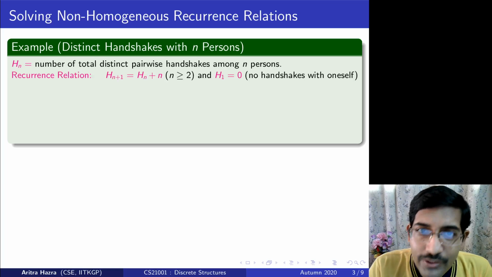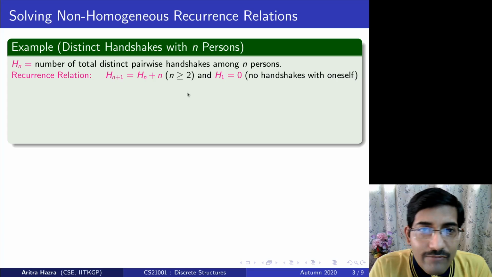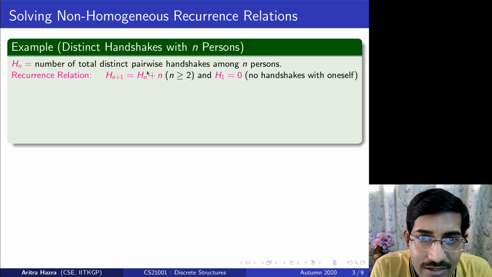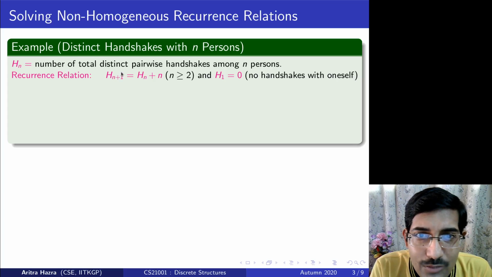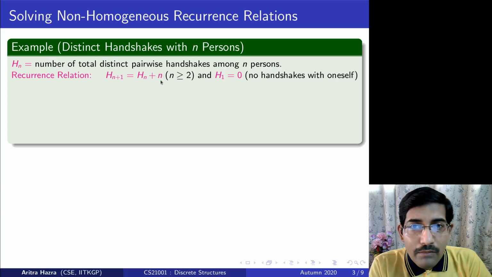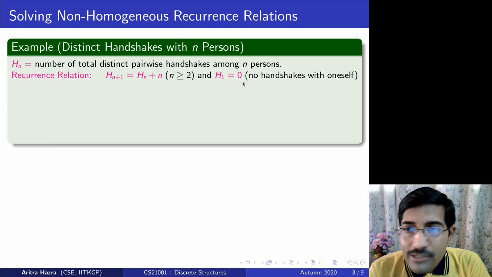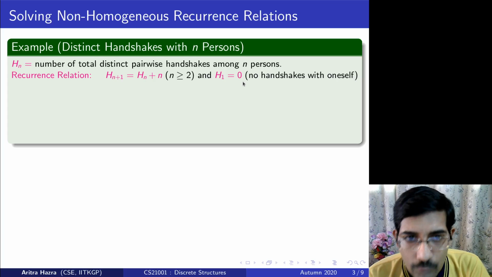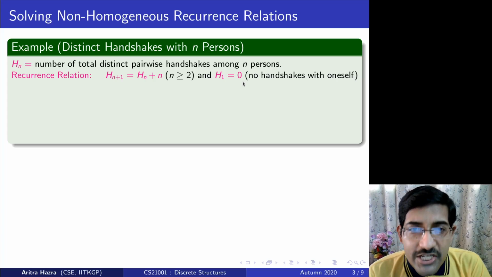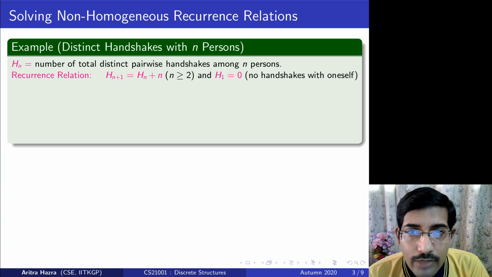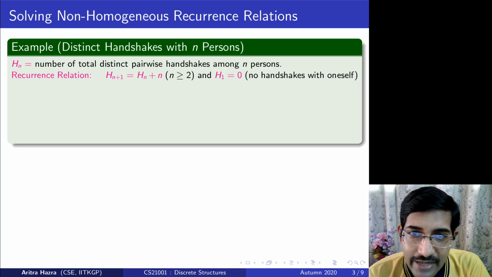So therefore the recurrence is basically, if the n plus 1th person comes, whatever handshakes have been already made plus this n plus 1th person will handshake with all n other persons. So it will increment the total number by n. And if there is only one person, no handshake with himself or herself, so it's 0. So the recurrence relation says that h(n plus 1) equals h(n) plus n.